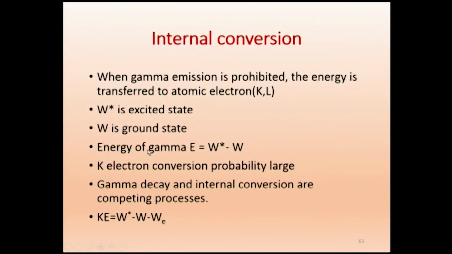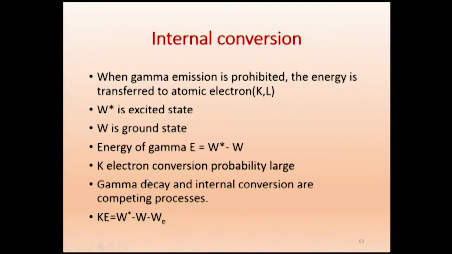So the energy of the gamma is E equals W star minus W. Now, when it is prohibited, the electron takes that energy. The energy can be given to a K electron, L electron, or M electron, but naturally K is very close to the nucleus. Therefore, K electron conversion has a large probability.